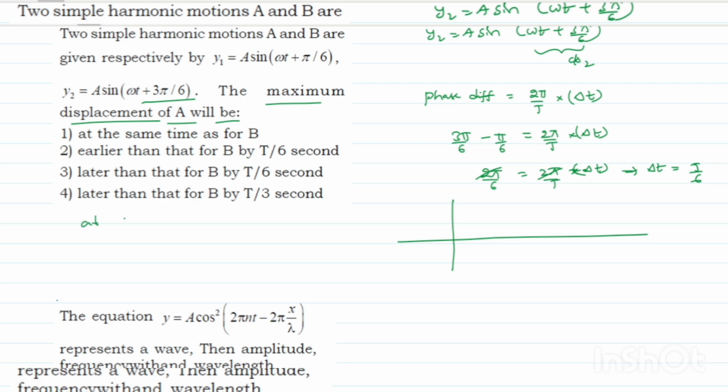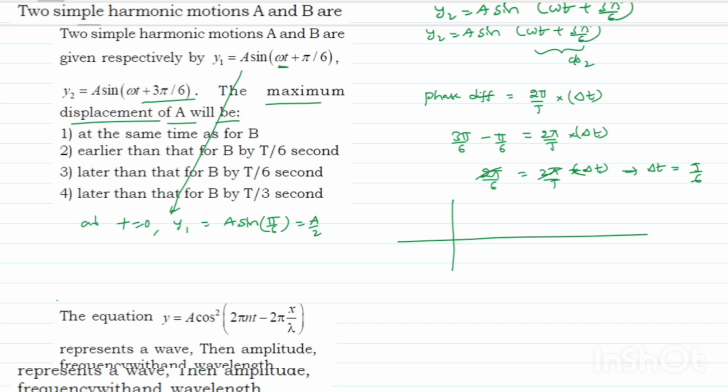At time t equal to 0, I am just talking about the y1 value. y1 equals a sin, with t equal to 0, a sin pi by 6. This is a sin 30, which is nothing but a by 2.